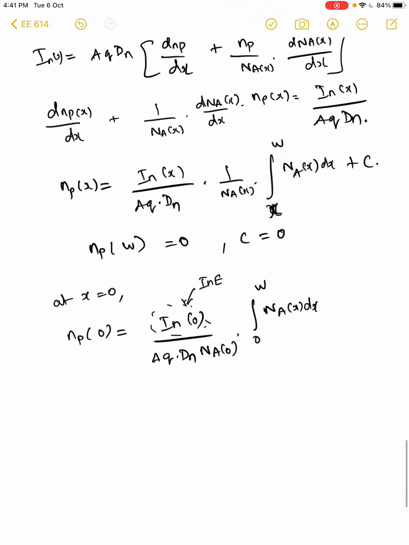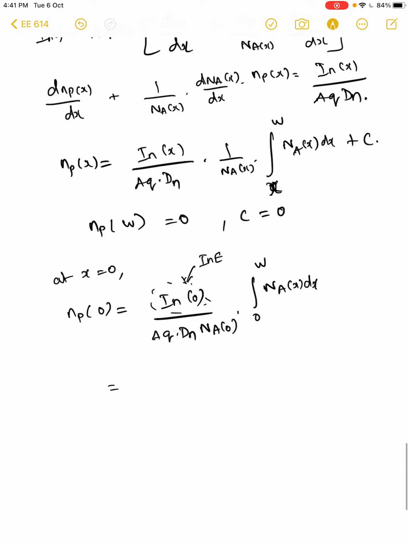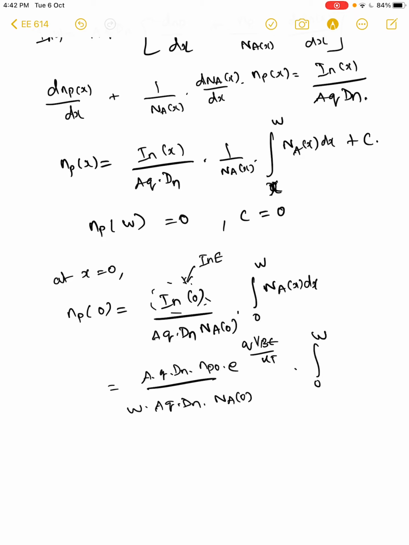So basically, if I substitute INE to be A q Dn Np0 e^(qVBE/kT) by W, you have another A q Dn Na0 integral 0 to W Na(x).